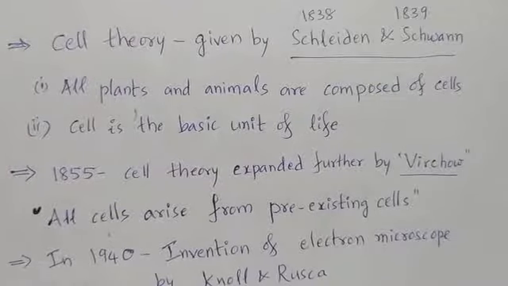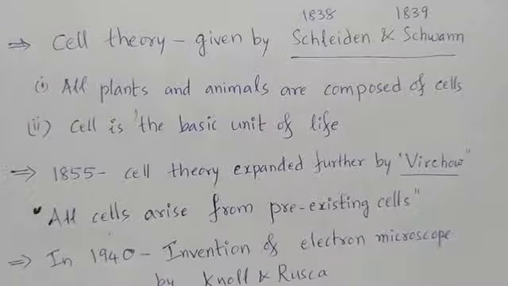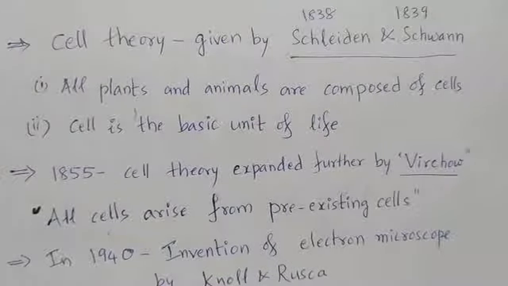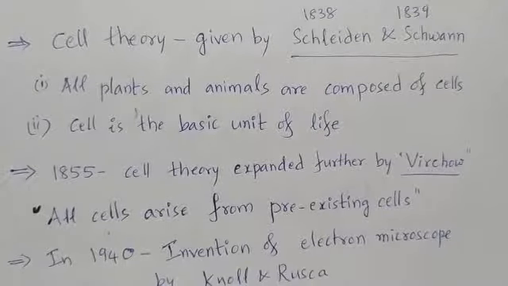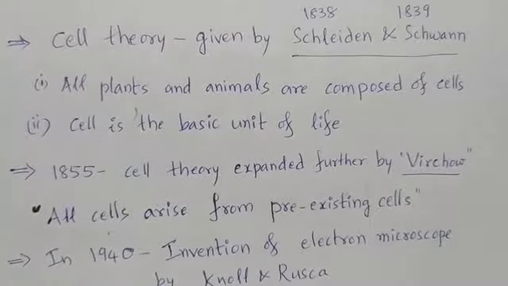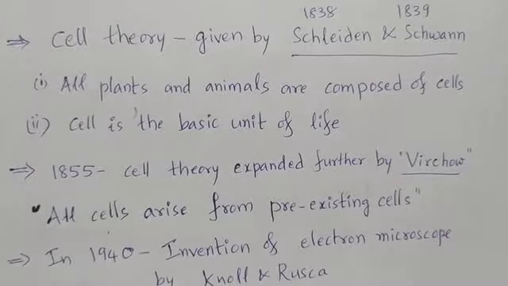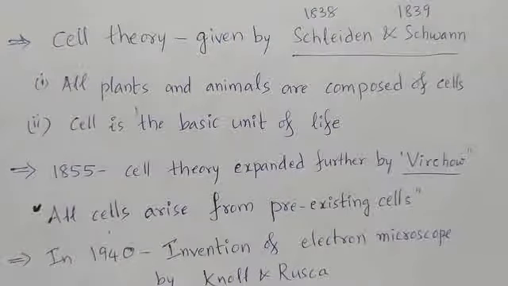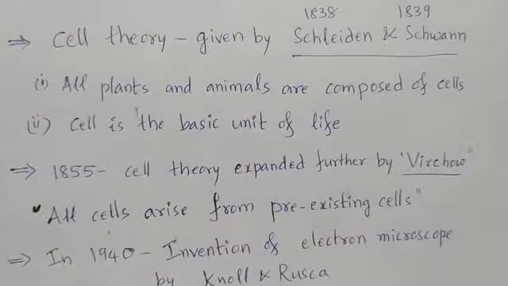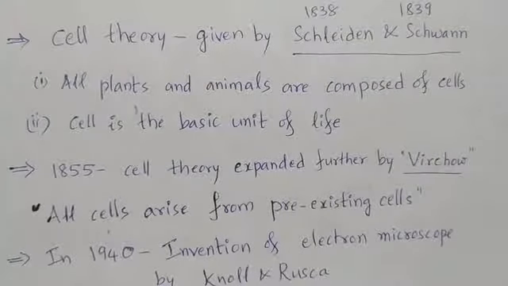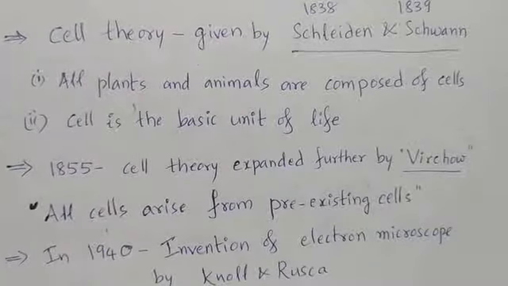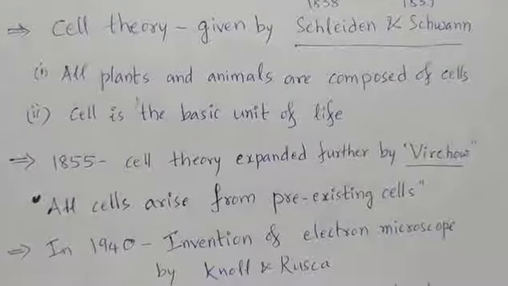In Latin, it is also known as omnis cellula e cellula. You can refer to the previous notes for further clarification. So, the cell theory was further expanded by Virchow, and the statement added by Virchow was that all cells arise from pre-existing cells.